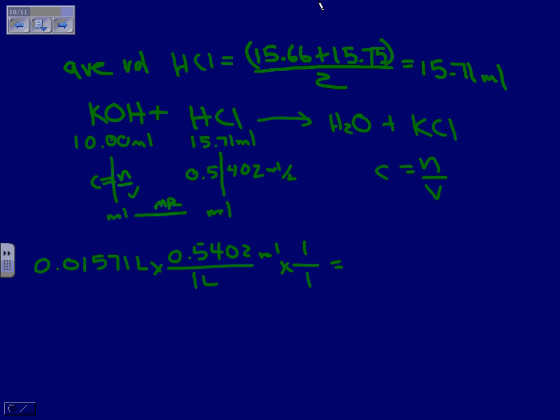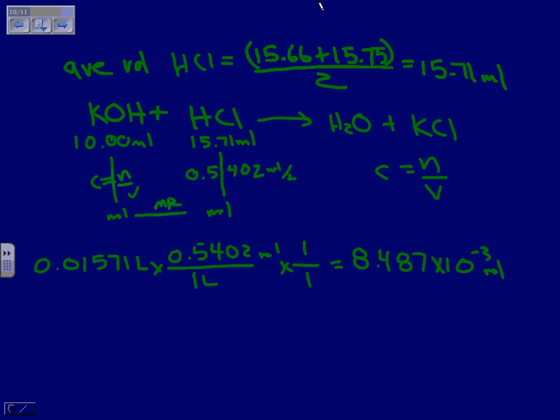Again, I'll take that number when you got it. Yep. 8.487 times 10 to the negative 3 moles, making good use of the scientific notation feature on our calculator. Nice job.